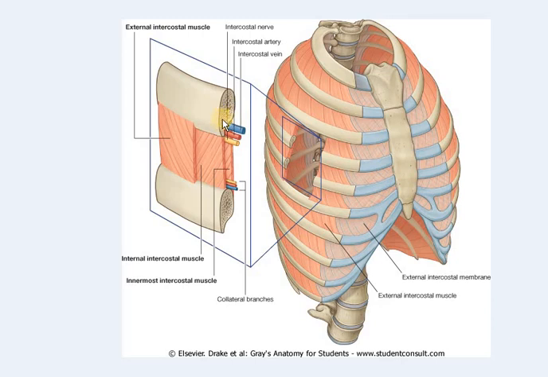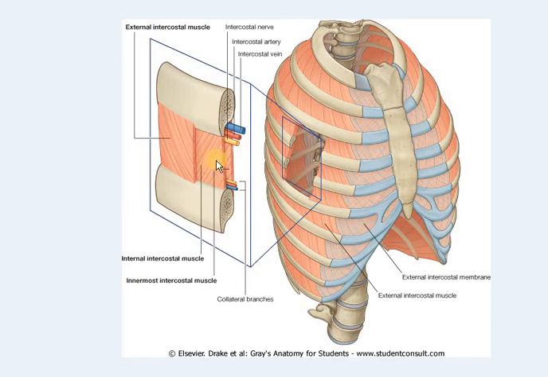So in case of pleural effusion, if we want to tap the pleural fluid from the pleural cavity, we can puncture the pleural cavity from the lower part of the intercostal space to avoid injury of the neurovascular bundle. So in pleural centesis, we use the lower part of the intercostal space.